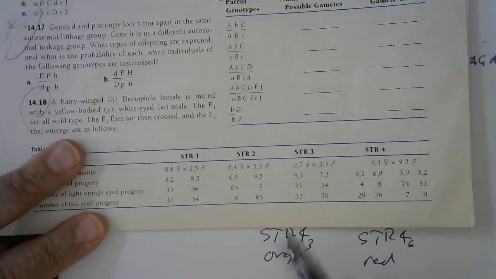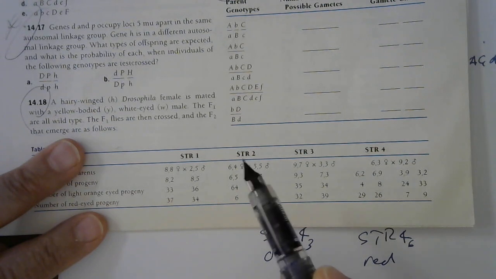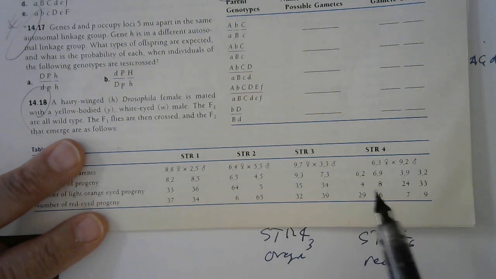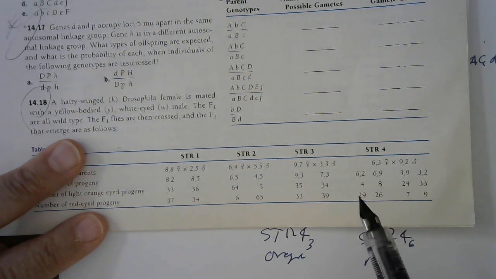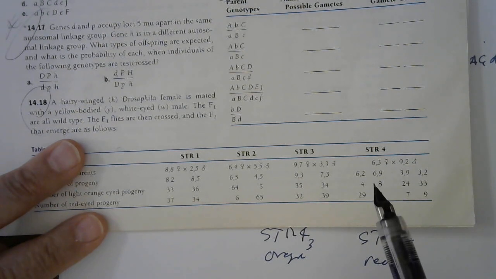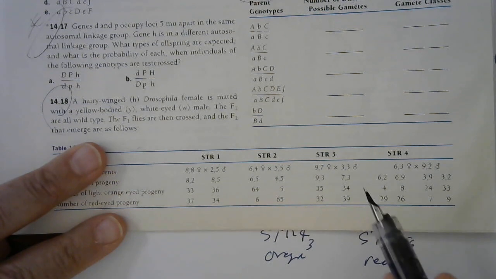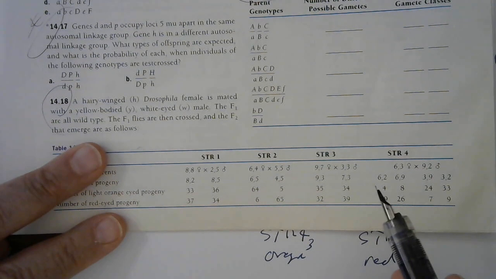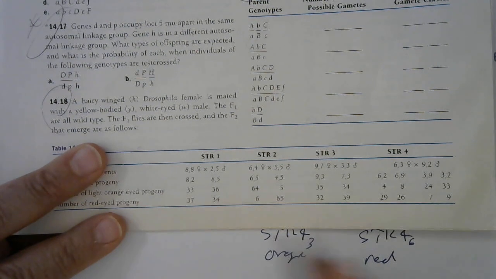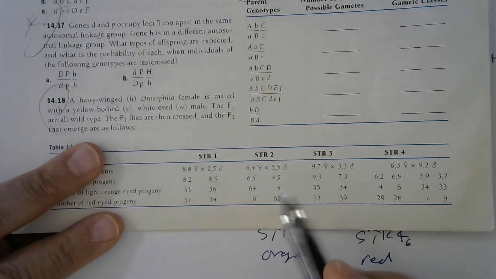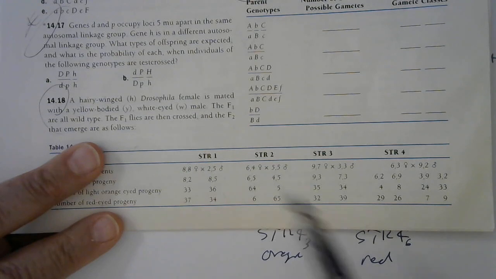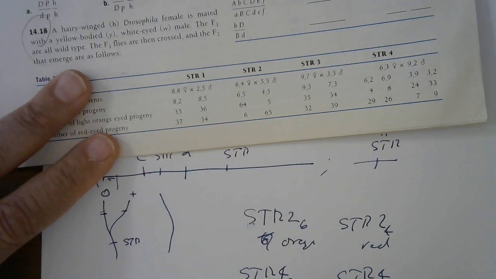We can only say the map distance is going to be, okay, it's about 10%, 10 map units between STR, a little bit less, or the map distance here is more like 20%. And the book has some numbers that they added wrong or something. Okay, so all we can say then, and I'm going to run out of time to do the proper notation, is that STR2 and STR4 are linked to the orange.